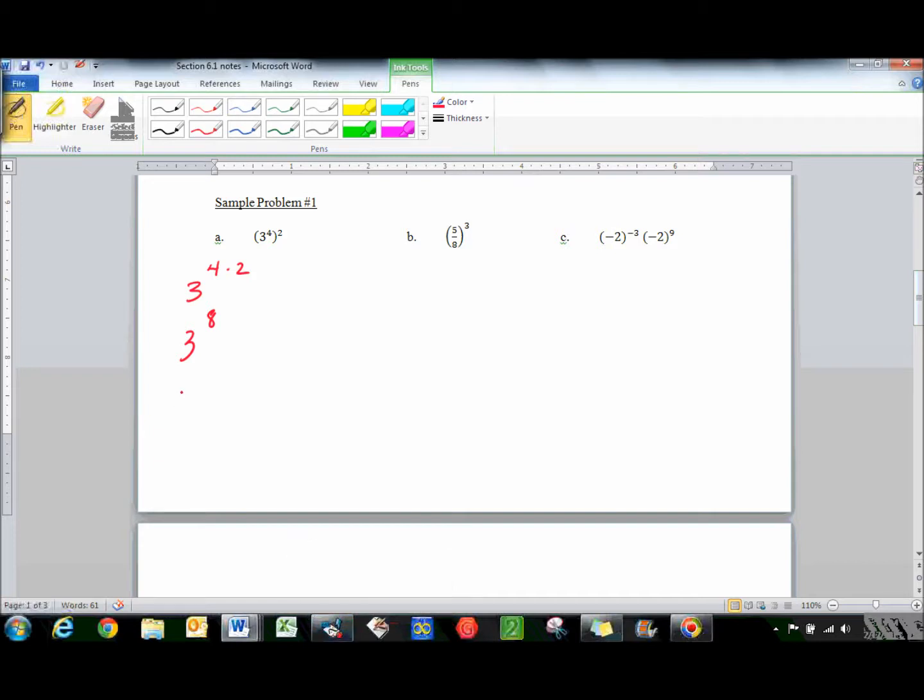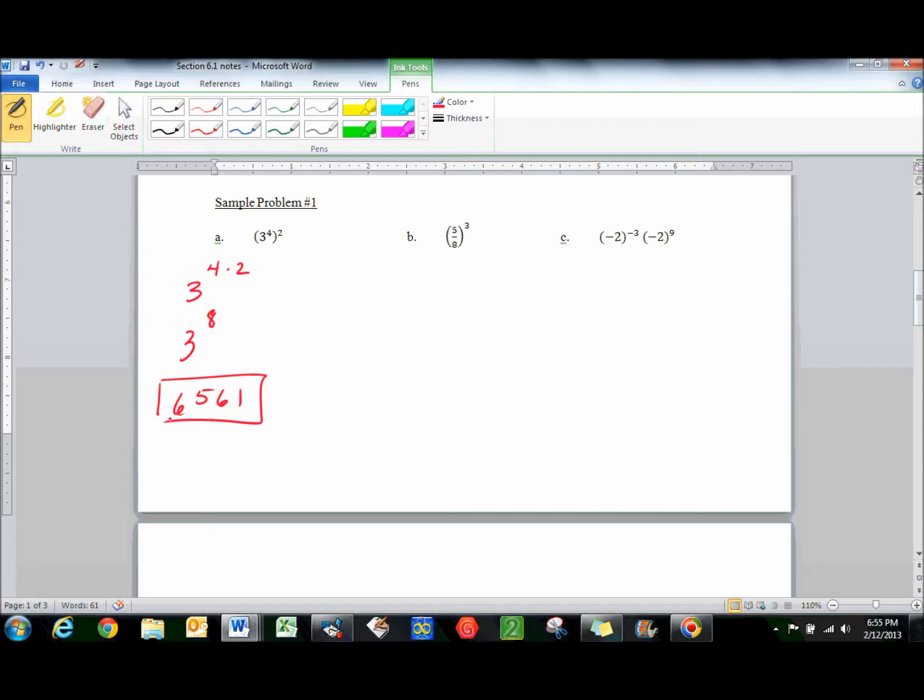And so you can just write that as your final answer and box that. Please do not leave your final answer as 3 to the 8th power. That will happen with variables, but if we are working with numerical expressions, you need to be sure to work it down to a numerical final answer.